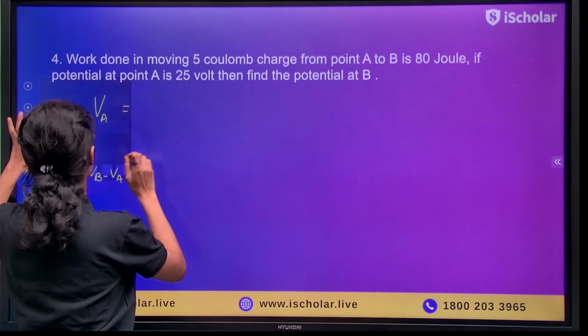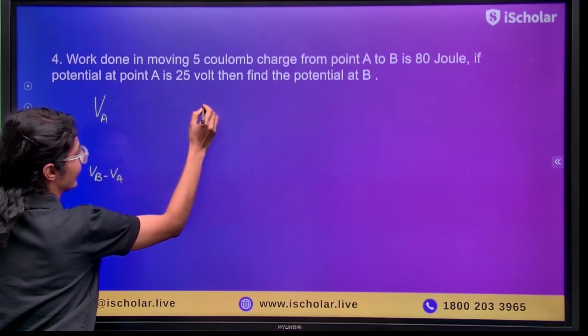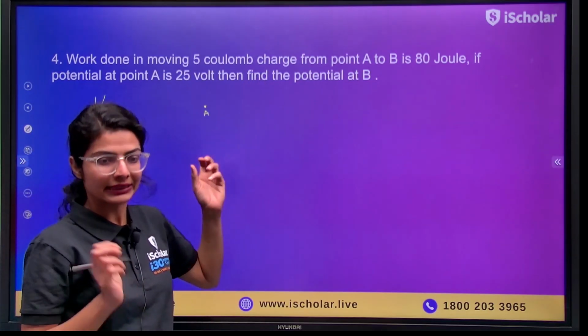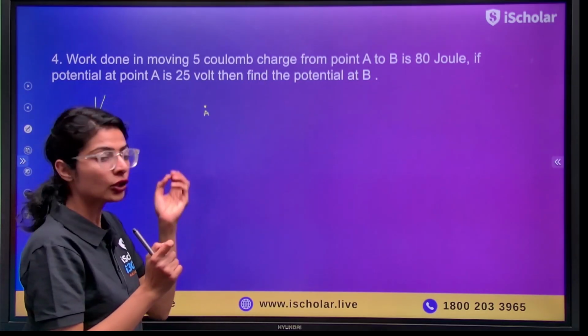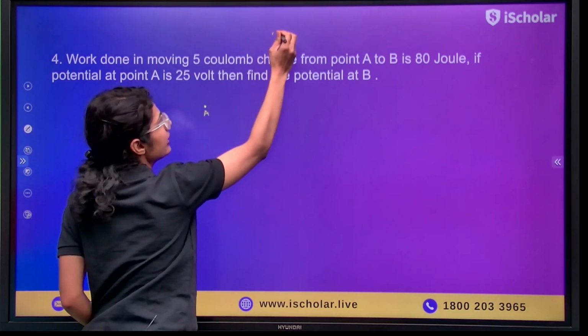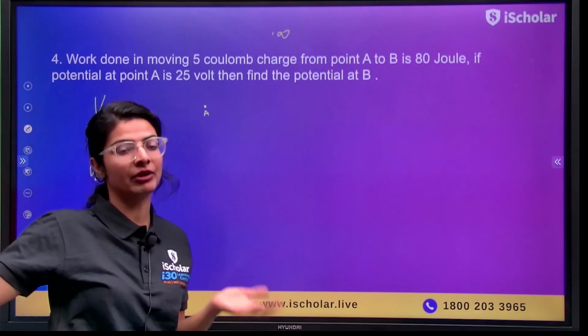If we have a point A, how are we going to define potential? If we have a Q amount of charge, brought from infinity, where by infinity you can understand a very, very far away point.